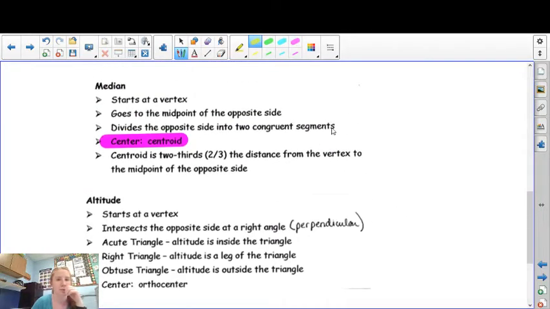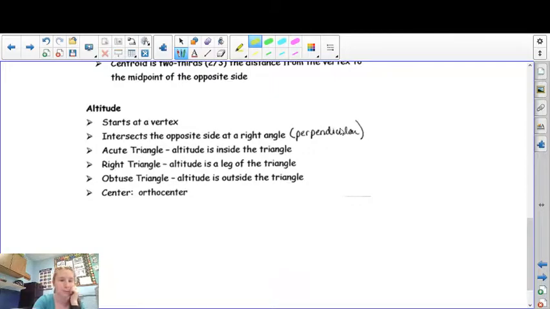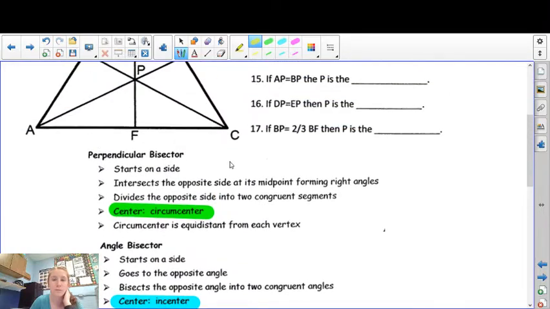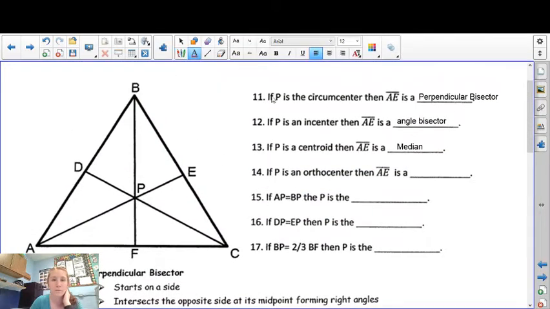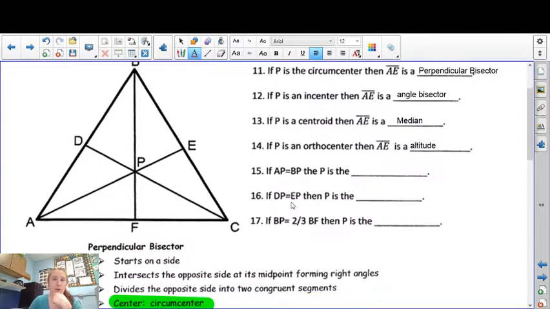Did I use yellow? Nope. And it says if P is an orthocenter, then AE is, it's got to be the altitude. Okay.